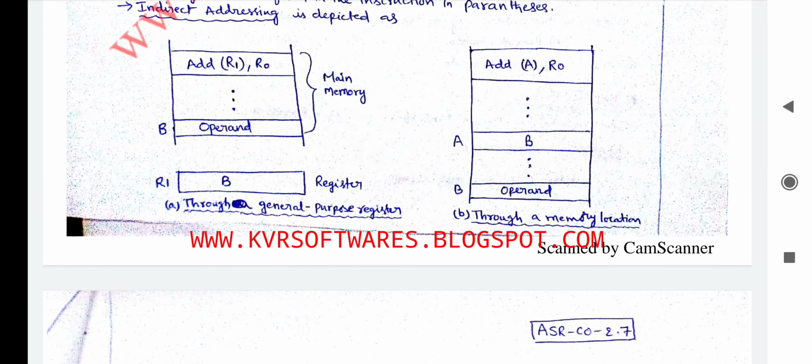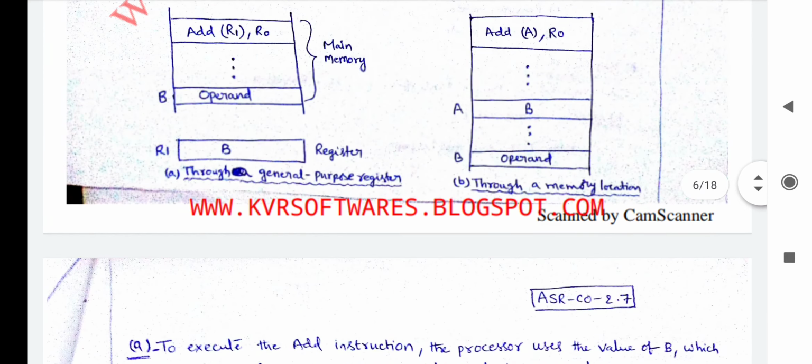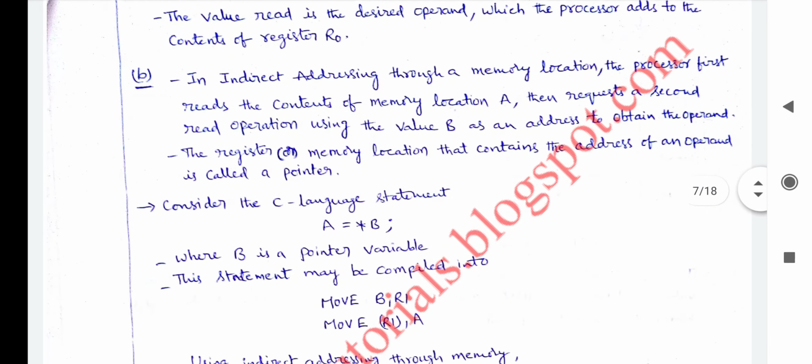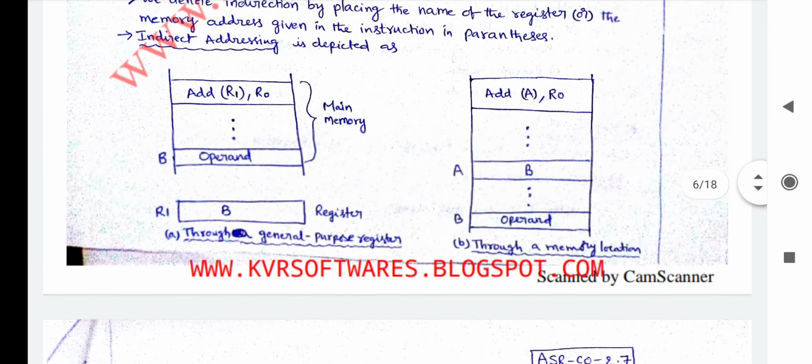That is indirect addressing through a general purpose register. How can we represent the same with a memory location? This is represented with diagram B, indirect addressing through a memory location. The processor first reads the contents of memory location A, in add A comma R0.